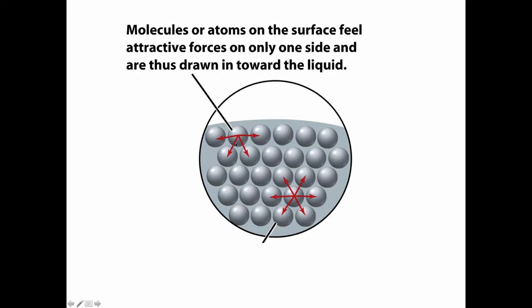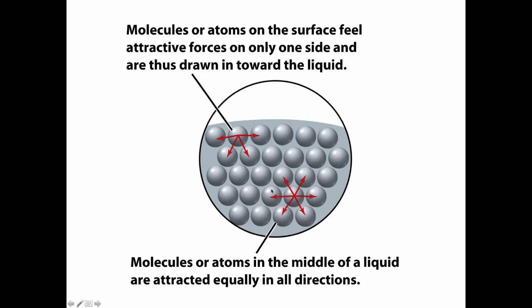And what this means is that on the surface, the molecules sort of feel an attractive force only on one side, and they tend to be drawn in towards the middle of the liquid. Whereas molecules or atoms in the middle of the liquid are attracted equally in all directions.